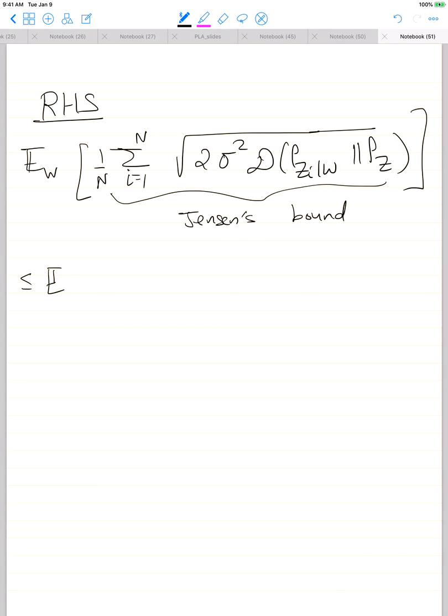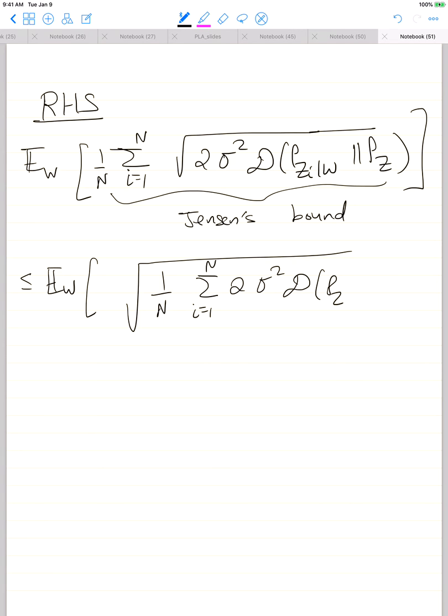And bound this as E of W, square root of 1 over n summation of i going from 1 to n, 2 sigma square D of P(zi given W) and P(z). Because again, if I have a bunch of numbers x1, x2, x3, in one case I'm taking the sum and then averaging it out.